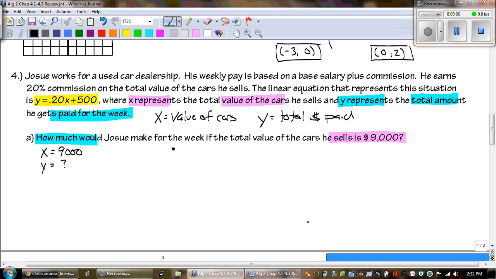Okay, so y equals 0.20 times 9,000 plus 500. So what's 0.20 times 9,000? Use your little calculator.